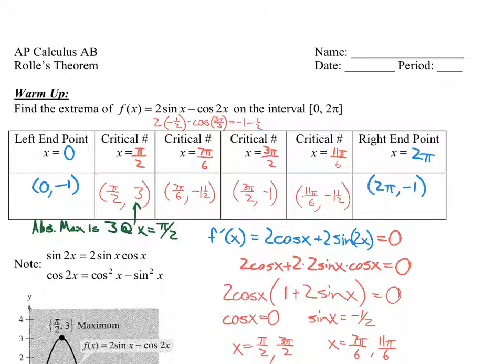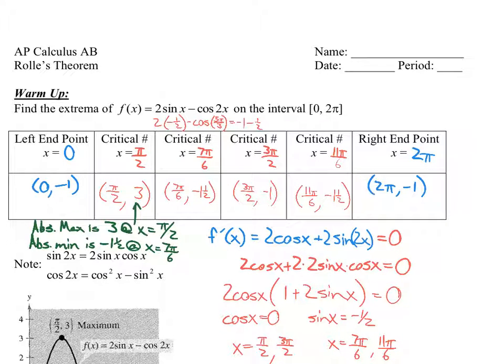That's one extrema. What is the absolute min here? 7 pi over 6 and 11 pi over 6. That's where they occur. The actual min is negative 1.5. So it's when x equals 7 pi over 6 and when x equals 11 pi over 6.